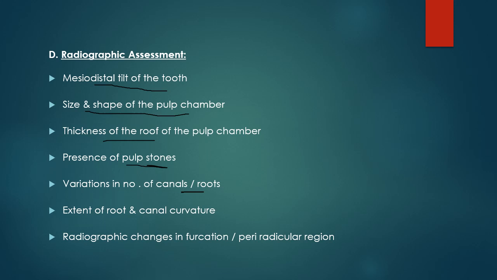And what is the extent of the root and canal curvature, very important, and are there any changes in the furcation and the periradicular region? We have to have a look at all these factors before we start the procedure.